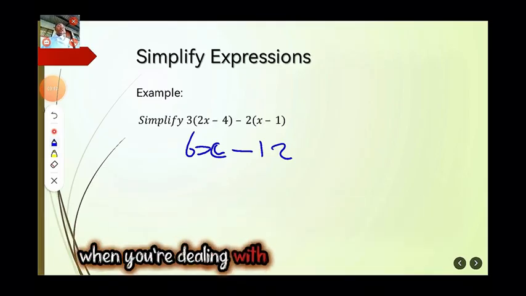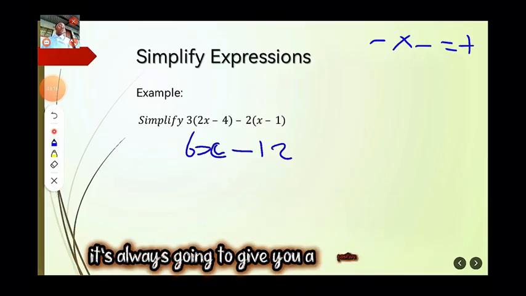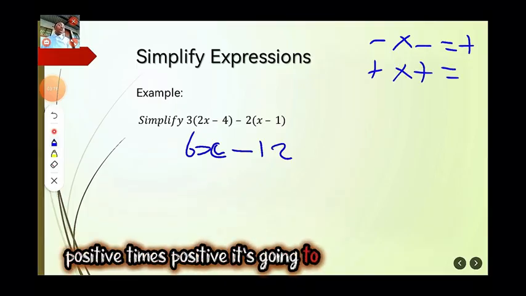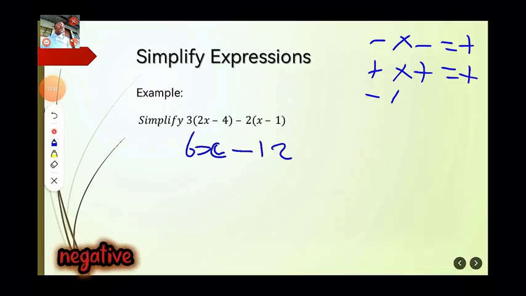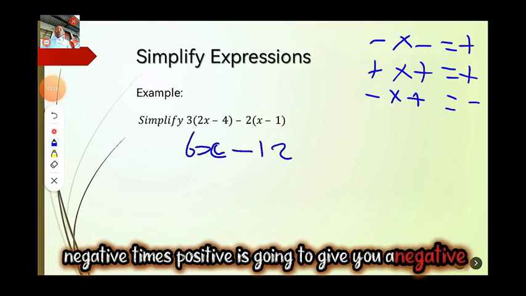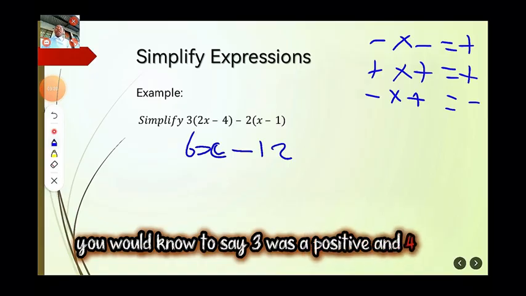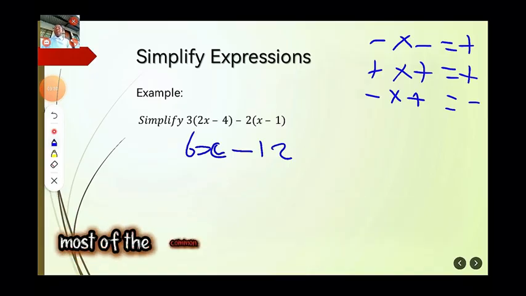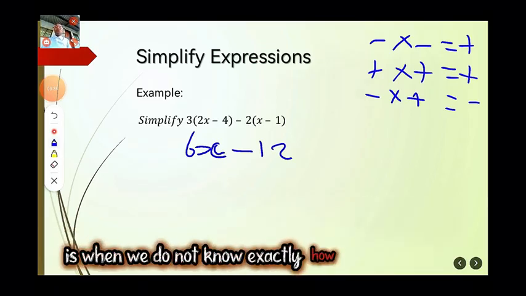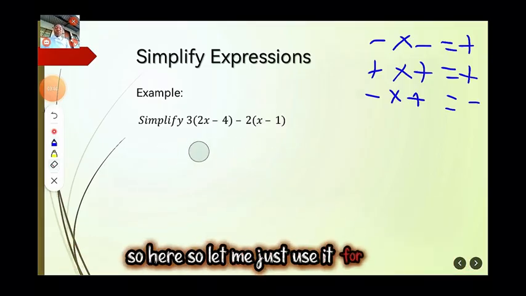When you're dealing with negative times negative, it's always going to give you a positive number. Positive times positive is going to give you a positive. Negative times positive is going to give you a negative. So with this expression, you would know to say 3 was a positive and 4 is a negative. Most of the common mistakes that make you and I fail is when we do not know exactly how to use the signs.